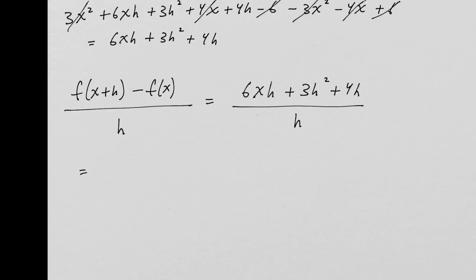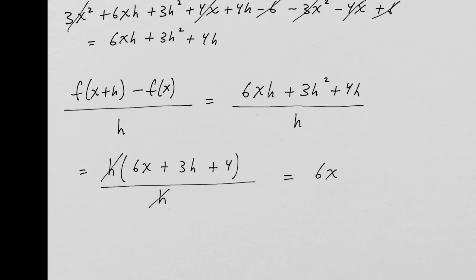If I take an h out of the numerator, I'm left with 6x plus 3h plus 4, over h. Why did I do that? Because look what happens: I can cancel those h's. So my final answer is 6x plus 3h plus 4.